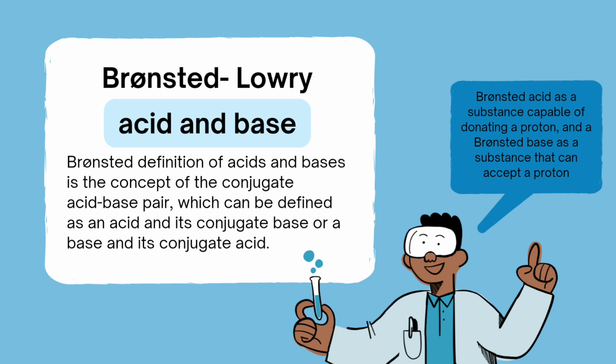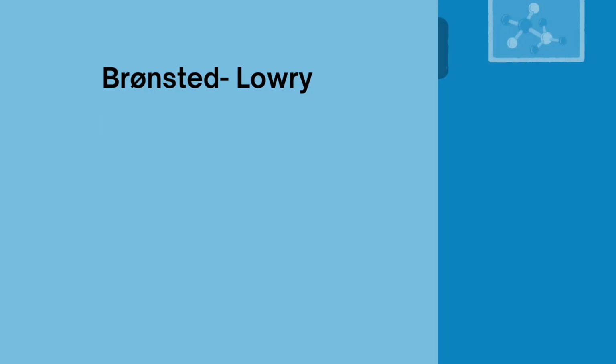So if we have a reaction, it should have an acid with its conjugate base, and a base with its conjugate acid, because that is how Brønsted Lowry was able to identify his acids and bases.